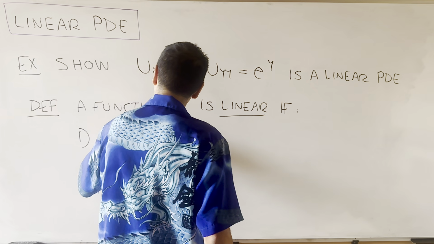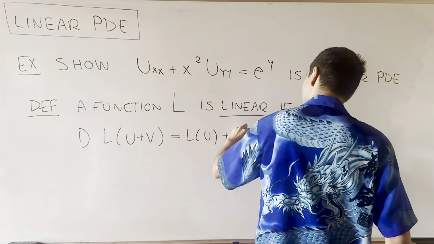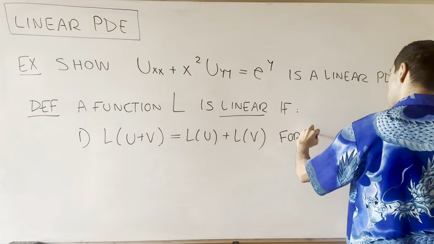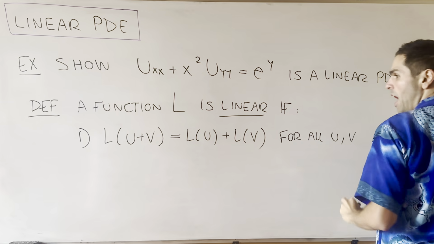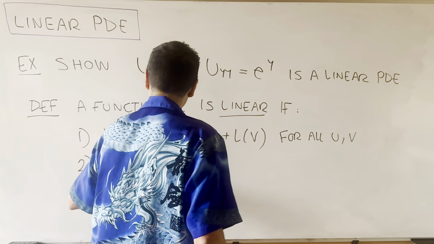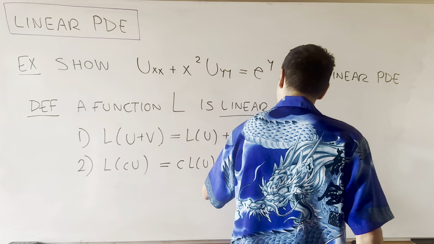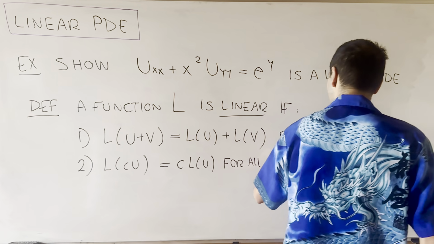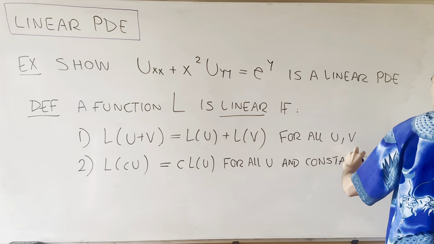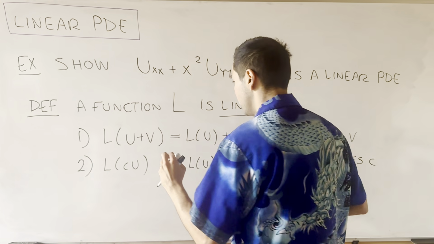First of all, L of u plus v is L of u plus L of v for all u and v, and L of a constant times u, so L of c u, is c times L of u for all u and constants c. In other words, you can just take the c out in this case.